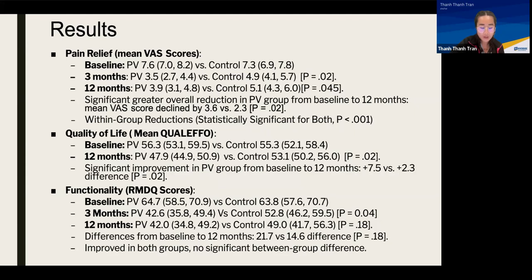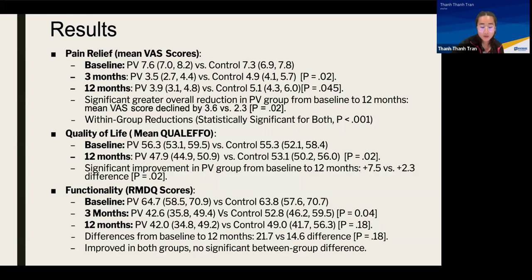Similarly, in the active control group, the mean VAS scores decreased from 7.3 to 4.9 at 3 months and to 5.1 at 12 months, also with a p-value of less than 0.001. So there were definitely significant reductions within each group.